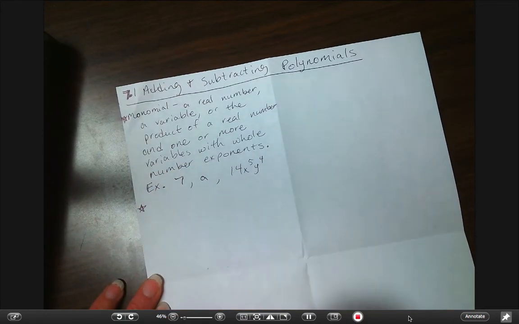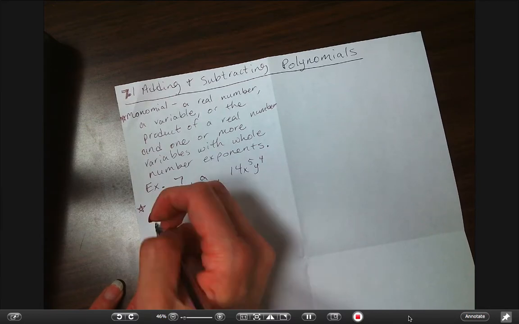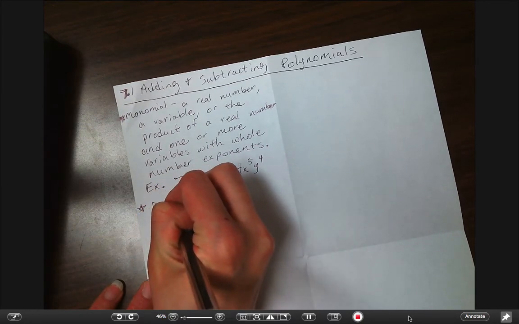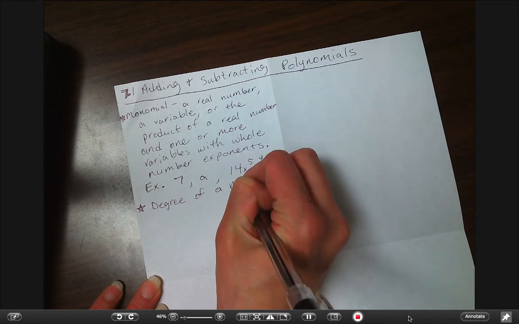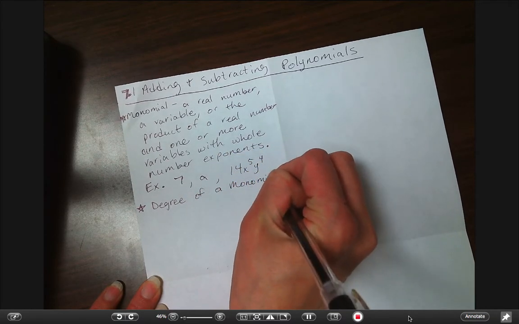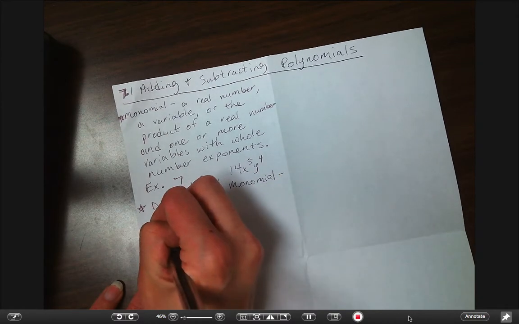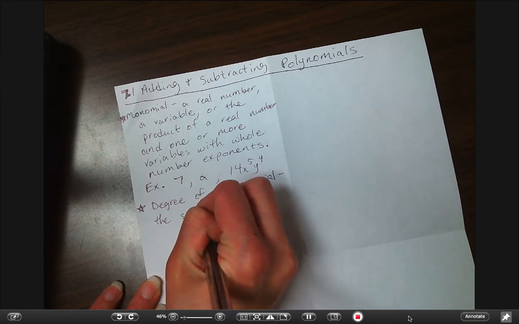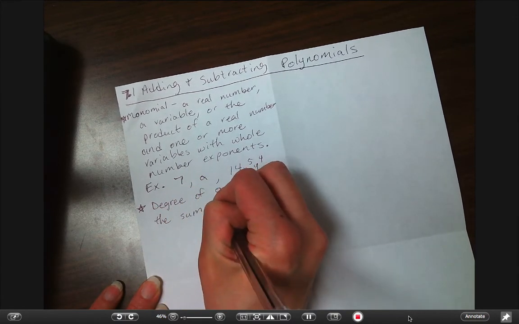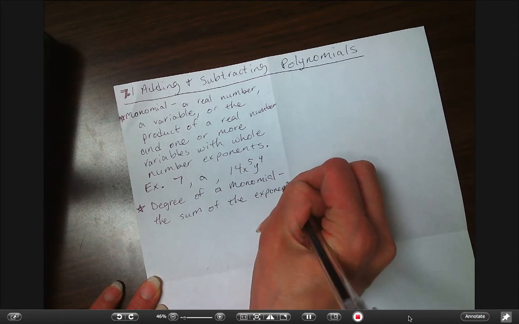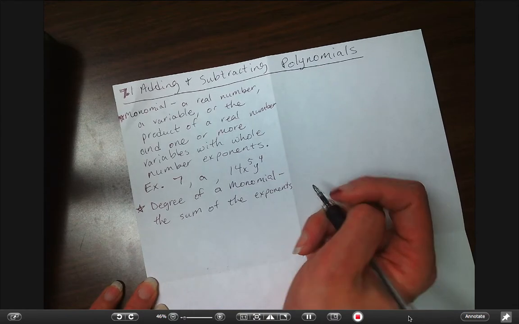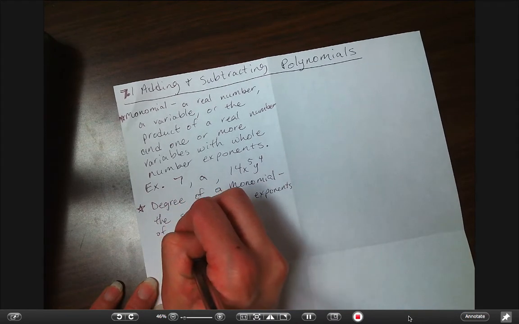Your second new vocabulary word is degree of a monomial, which is the sum of the exponents of variables.